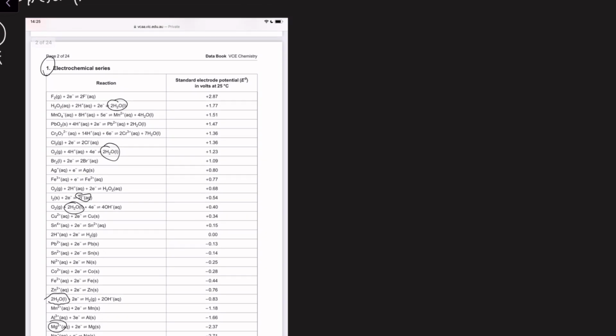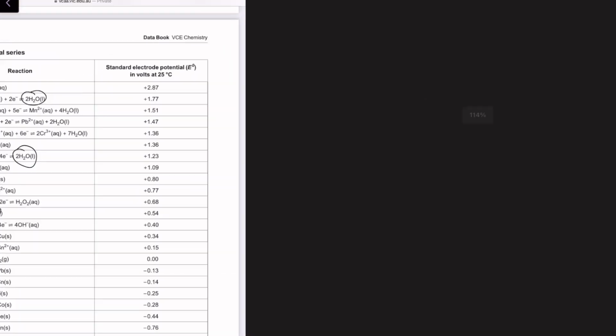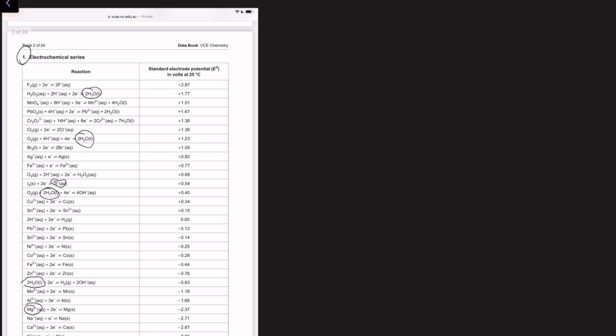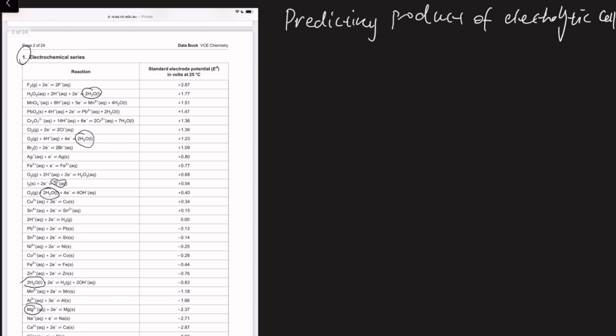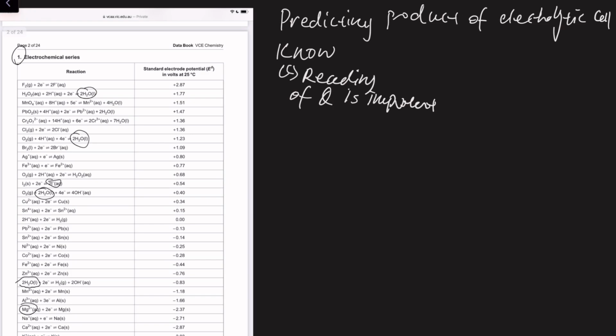We need to rely on the electrochemical series to predict the products of an electrolytic cell. The first thing we want to do is read the question. The reading of the question is very important here. You need to know what species you have.